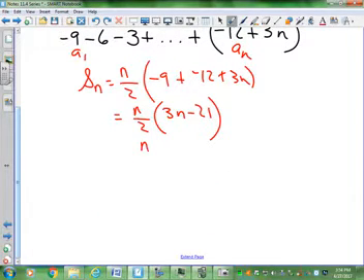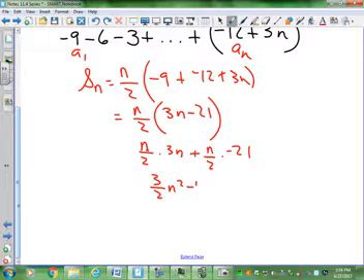So I'm going to do two things. I'm going to do n over 2 times 3n, and I'm going to do n over 2 times negative 21. So that makes it 3 halves n squared, because n times n makes n squared, and the 2 comes up under the number. And it's going to be negative 21 over 2 n, because n times that would put the n next to it. And that's your final answer.